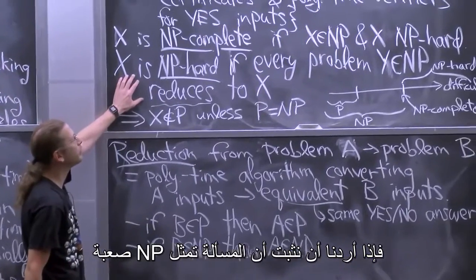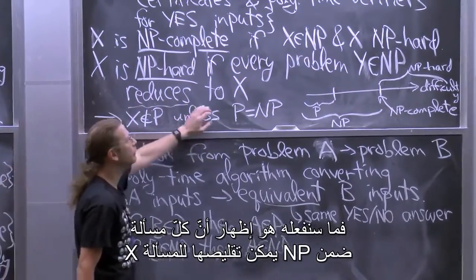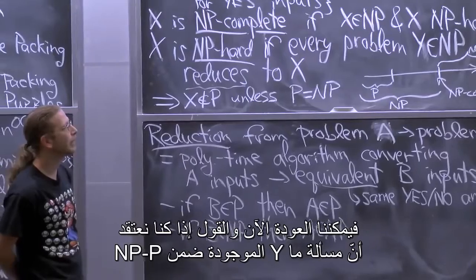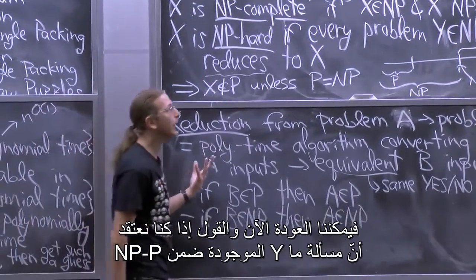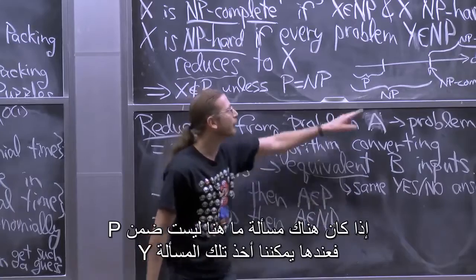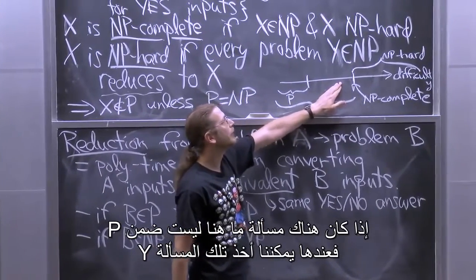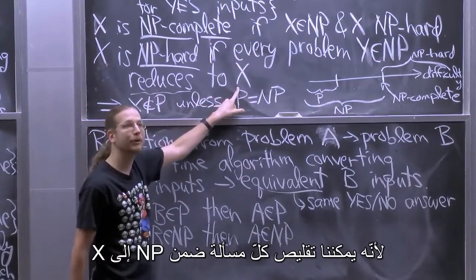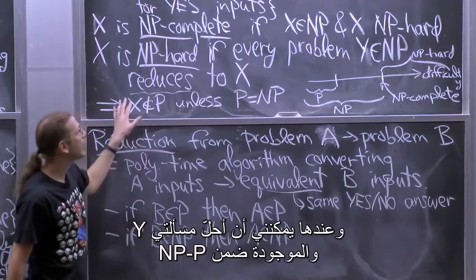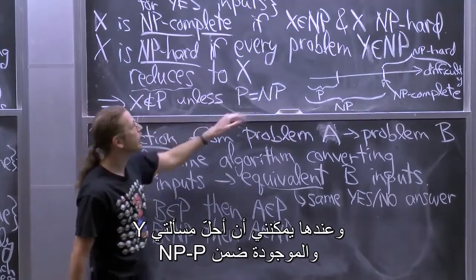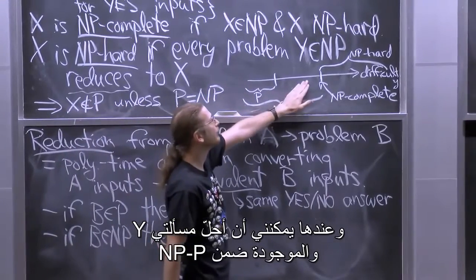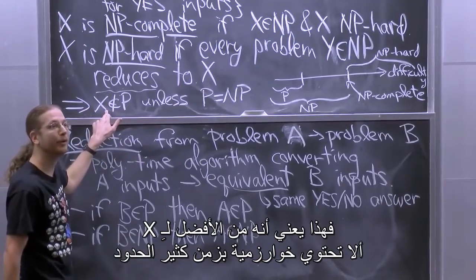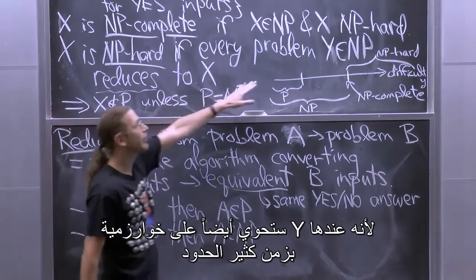So if we want to prove the problem is NP hard, what we do is show that every problem in NP can be reduced to the problem X. So now we can go back and say, well, if we believe that there's some problem Y that is in NP minus P, if there's something out here that is not in P, then we can take that problem Y, and by this definition, we can reduce it to X, because everything in NP reduces to X. And so then I can solve my problem Y, which is in NP minus P, by converting it to X and solving X. So that means X better not have a polynomial time algorithm, because if it did, Y would also have a polynomial time algorithm.